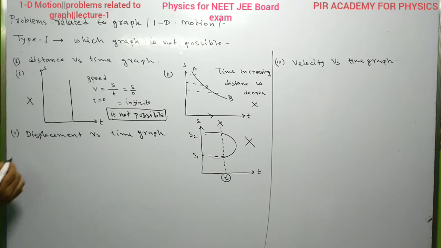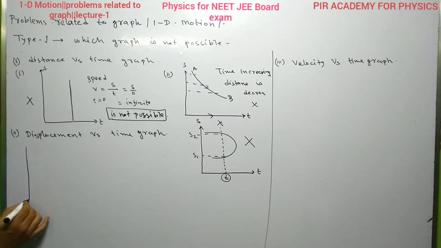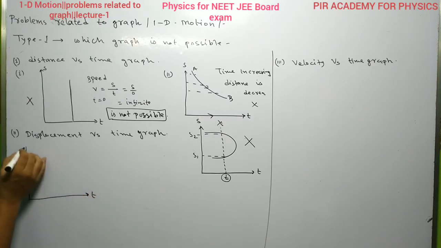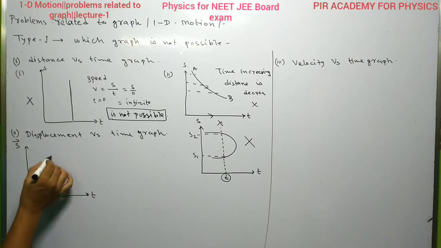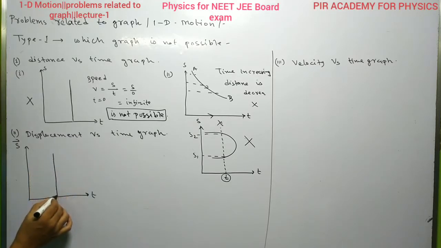Number 2, the displacement versus time graph. Suppose this is time and here is displacement. Displacement is a vector quantity. If I draw like this, then the velocity will be s by t.